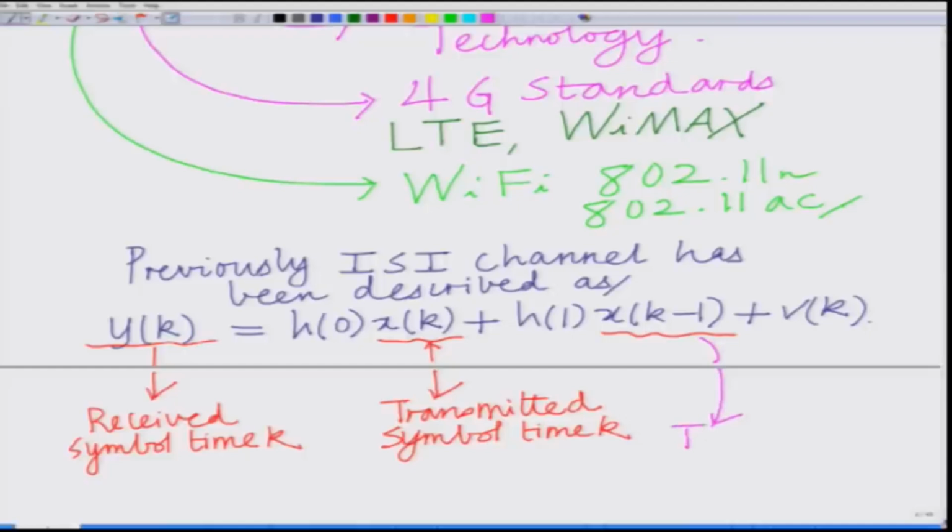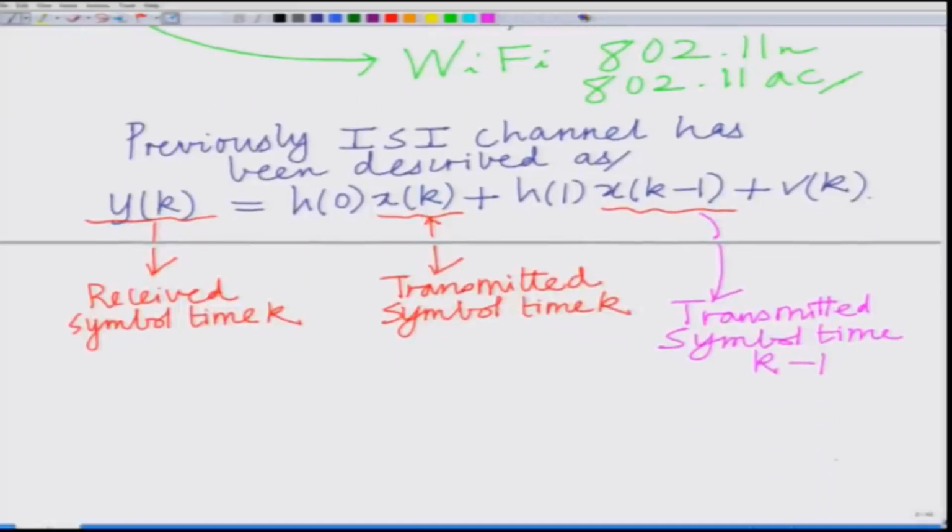xk minus 1 is the previous symbol, the transmitted symbol at time k minus 1. Therefore, the transmitted symbol at time k minus 1 is interfering with xk, the transmitted symbol at time k, and this is what we term inter-symbol interference.